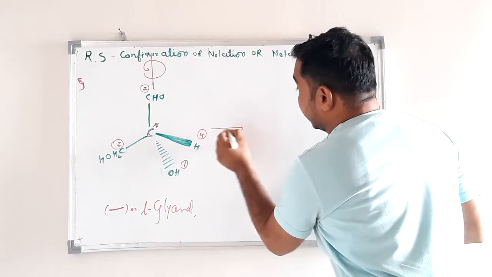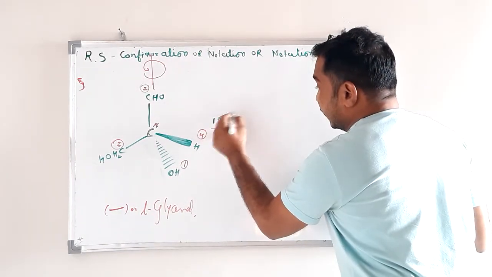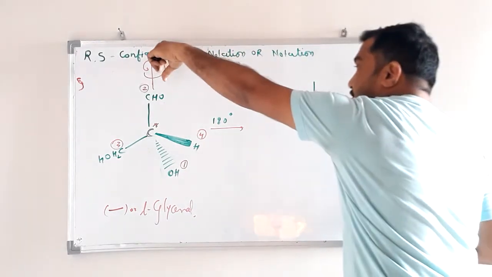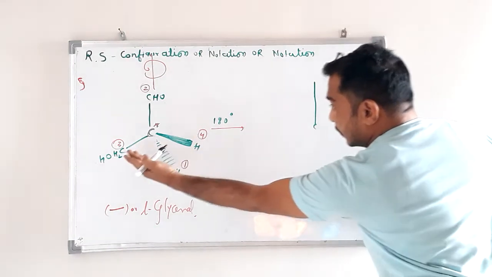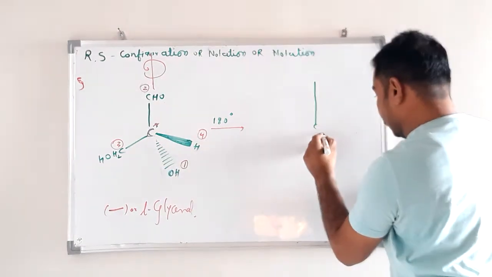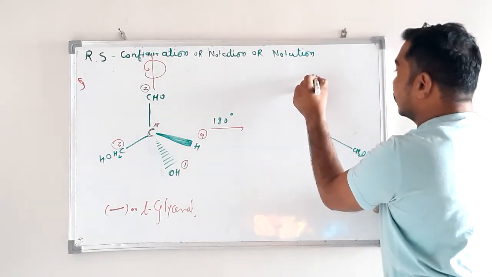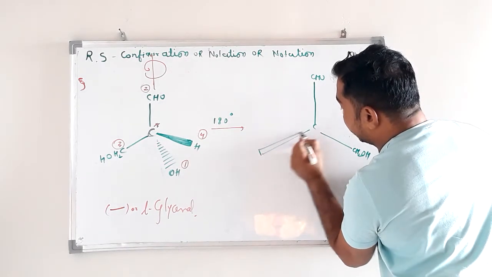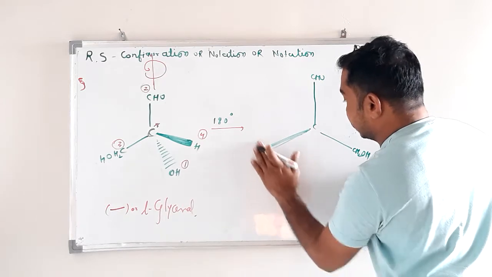So rotate it through 180 degrees. Carbon will be on this side now. After rotation, CH2OH, CHO, then which group will be on the front side?